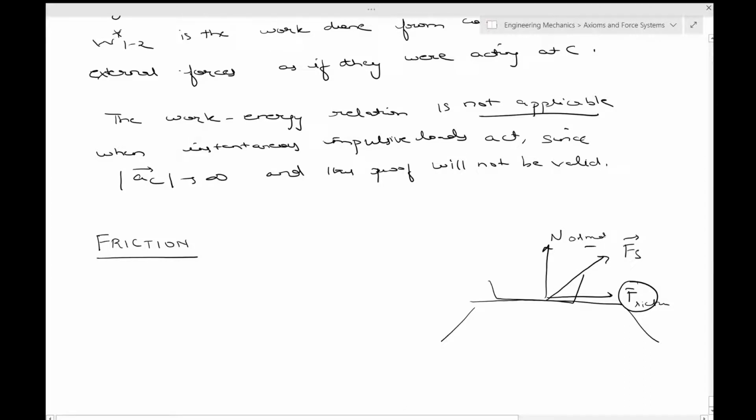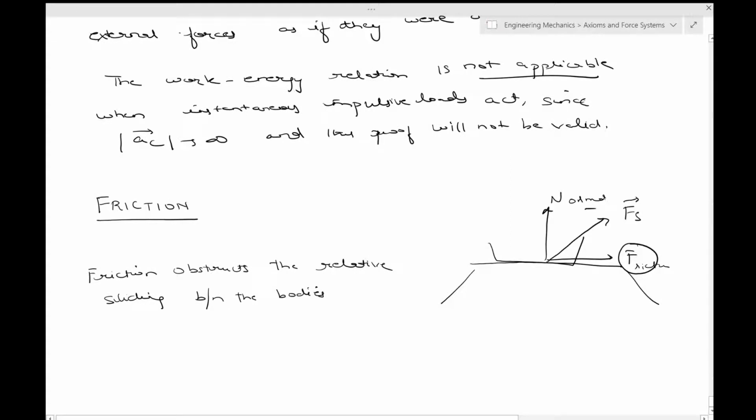Now what does friction do? And this is important, hence I am writing. Friction obstructs the relative sliding between the bodies. So its direction on body 1 is opposite to the possible or existing relative velocity of point P1 of body 1 relative to the point P2 of body 2.